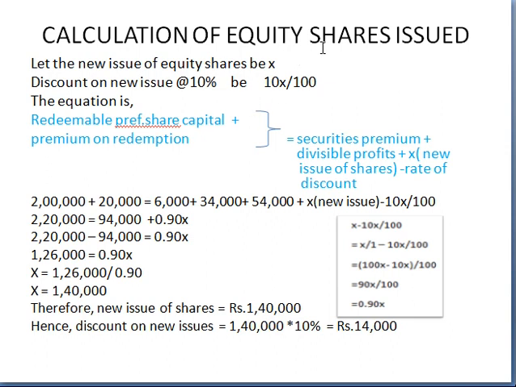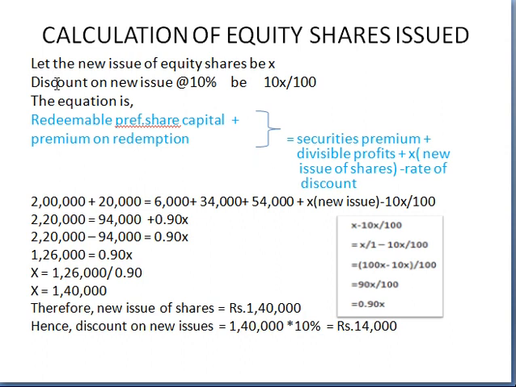And for the calculation of equity shares, you have to apply a formula. So this is the equation given. So in your left side, redeemable preference share capital plus premium on redemption. This is your left side, that should be equal to your right side, which is securities premium plus divisible profits plus X. X is your new equity shares minus rate of discount.